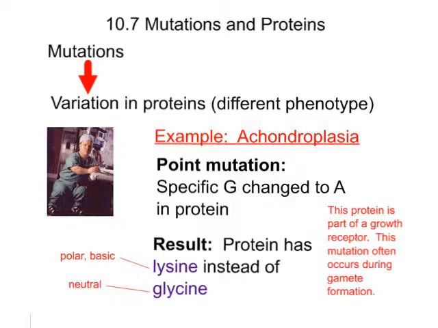So that specific point mutation in the base results in a different amino acid being produced in that protein. That protein happens to be part of a growth receptor, so it functions differently when glycine is there instead of lysine. This one is polar and basic, this one is neutral, and they behave very differently.